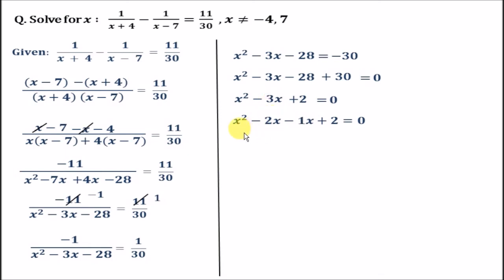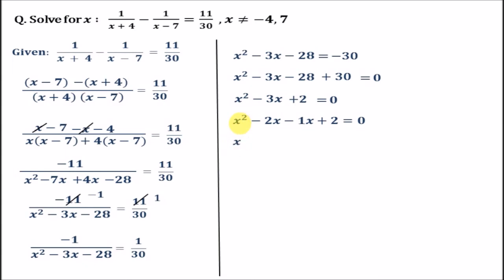Now we will group these terms into two groups, the first two terms in the first group and the last two terms in the second group. And then we will take common from both the groups. From the first group, the common term can be taken as x, as we have x in both the terms.